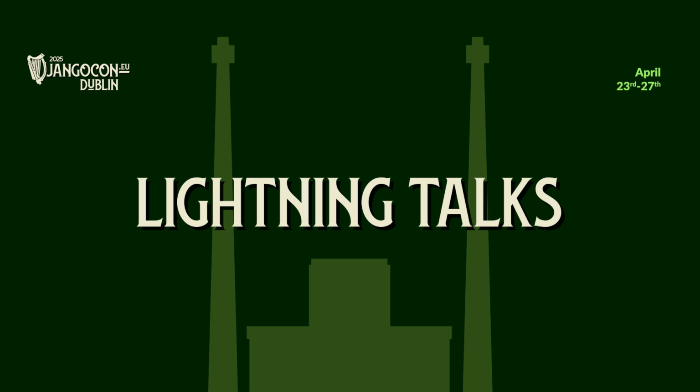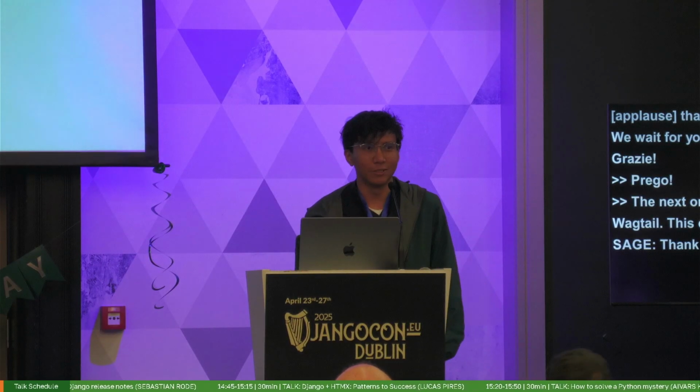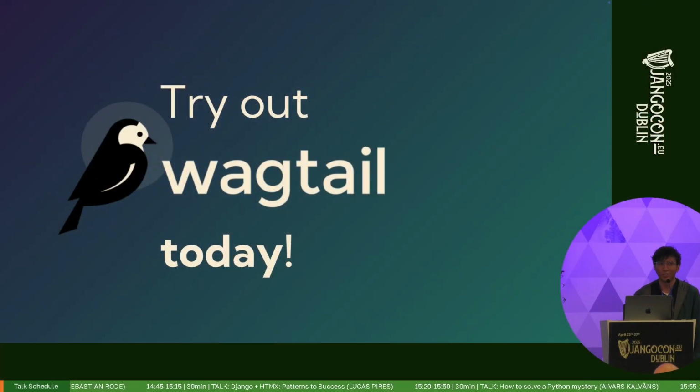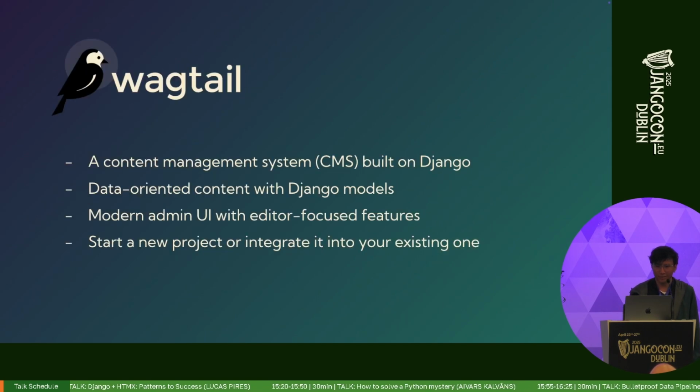Hey everyone, I'm Sage. I'm a core team member of Wagtail. So today I want to talk about Wagtail. Wagtail is a content management system built on Django. We've been around for a while, around 11 years now, so we're quite established. Our approach is to have a CMS that's data-oriented using Django models, so as a Django dev, you'll feel right at home as you would with any Django project.